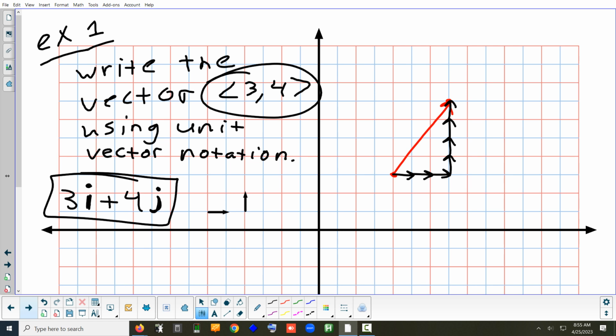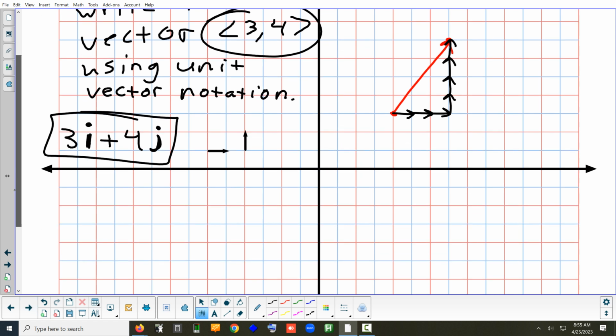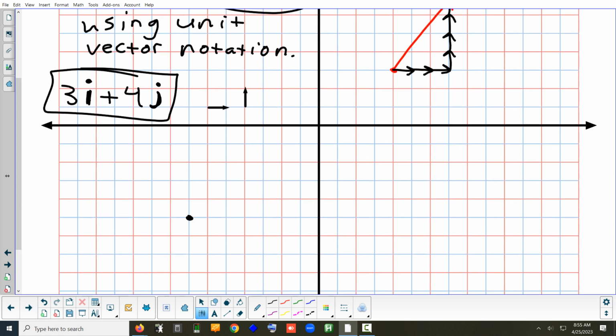Now, I's move you right, J's move you up. But what if you had a vector like this? I don't need to move right. I need to move up, but I need to move left instead. So what do you think I'm going to have to do to move left instead of right? Use the opposite side of your I. Yeah, use negative I. So in this case, I need 1, I need 1 more, 2.